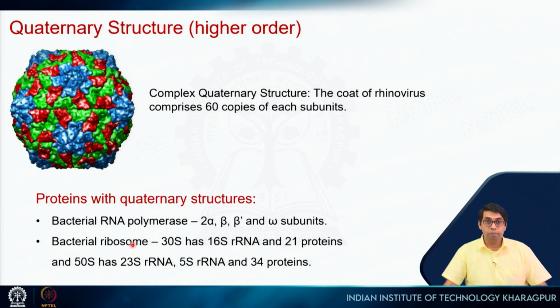We also have seen the bacterial ribosome, which has 2 big subunits, the 30S and the 50S, and individually these consist of ribosomal RNA and proteins: the 30S has 1 ribosomal RNA and 21 proteins, and the 50S has 2 ribosomal RNAs and 34 proteins. So, the ribosome not only has proteins, but also has RNAs as its subunits.